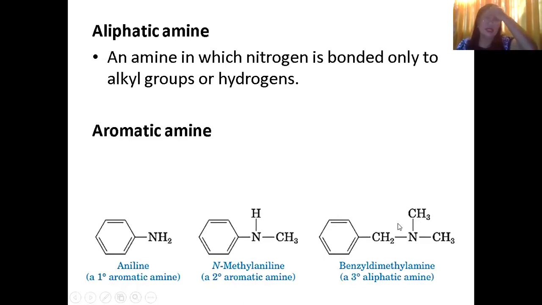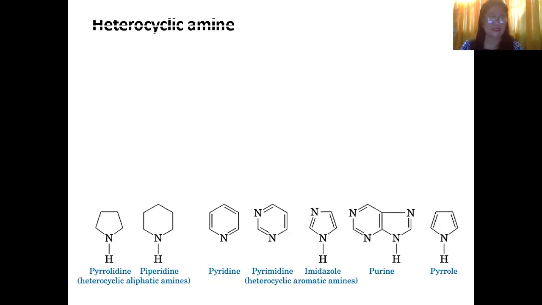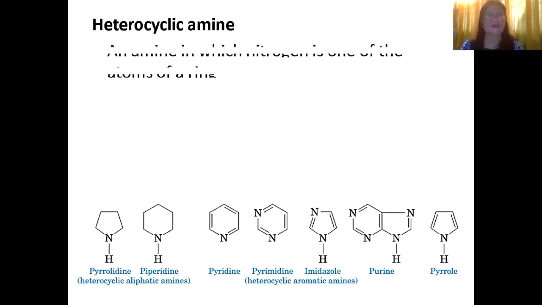So that is the classification of amine, aliphatic and aromatic amine. So the aromatic amine is one in which nitrogen is bonded to 1 or more aromatic rings. So what is its other class or other type of an amine?